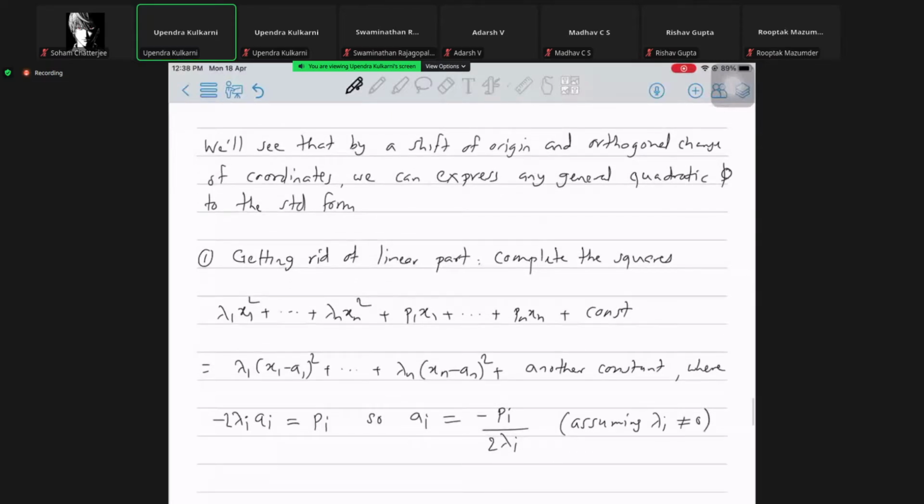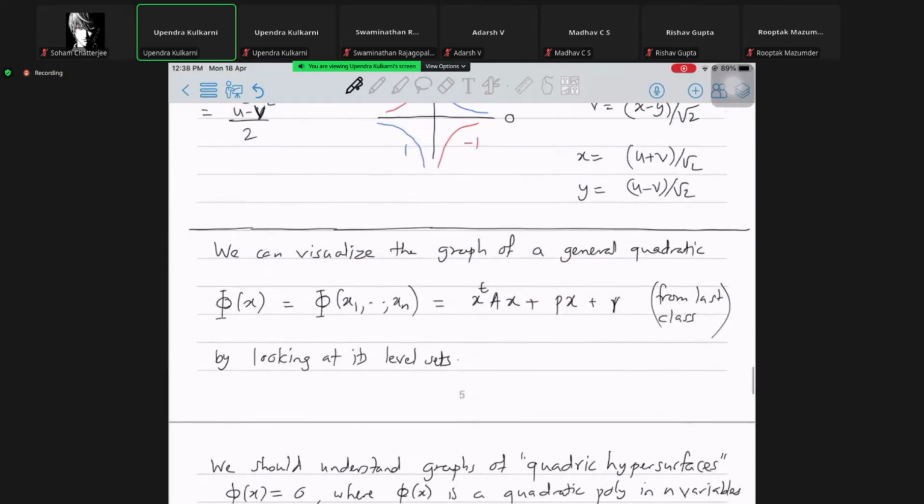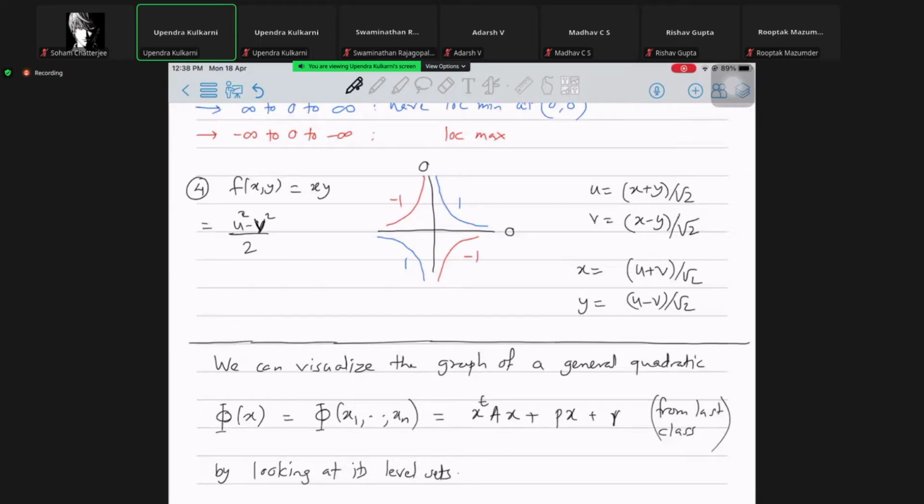Okay, so this is easy, and we can do this in general. But the more interesting case is what happens in general. So in general, now that means I have this entire form, which is to say the function is x transpose times A times x, where A is this matrix of aij's. So of course I can write this with aij equals aji.